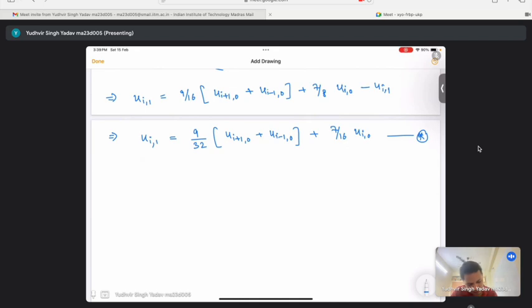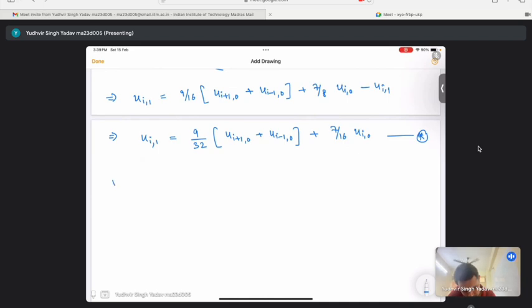Now our next step is we will change the values for i, that is, i is running from 0 to 4. First we will put i equals 1, as at 0 we already know the values from the boundary conditions, that at i equals 0 and i equals 4 the values are 0.